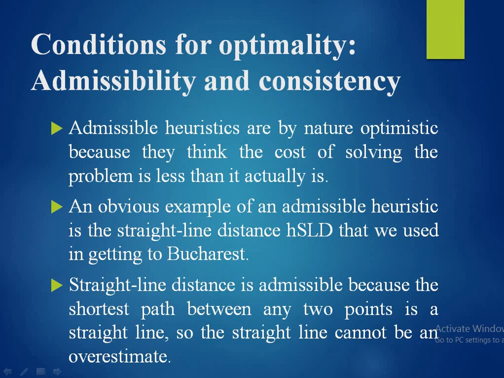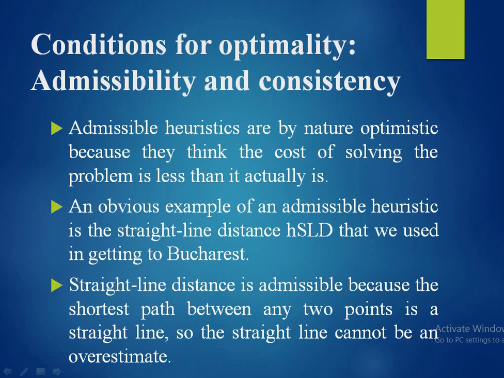An obvious example of an admissible heuristic is the straight line distance, h SLD, that we used in getting to Bucharest. What does h SLD mean? It is the straight line distance from our starting node to the goal node, which we have seen earlier in our previous video.